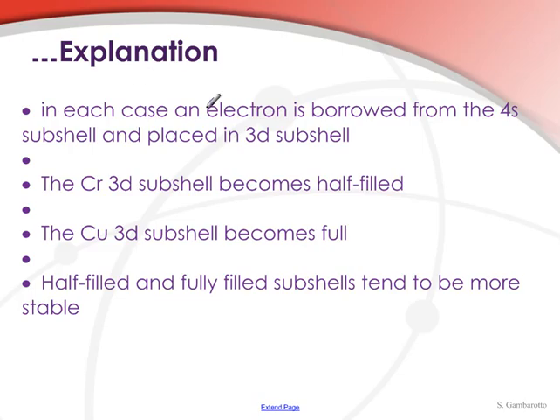Why? An electron is basically borrowed from the 4s subshell and placed in the 3d subshell. We're going to talk more about this in class, but here's a quick explanation: half-filled and fully filled subshells tend to be more stable than subshells that are not half-filled or fully filled. So you want a subshell that's fully filled, completely empty, or half-filled. That's more stable.